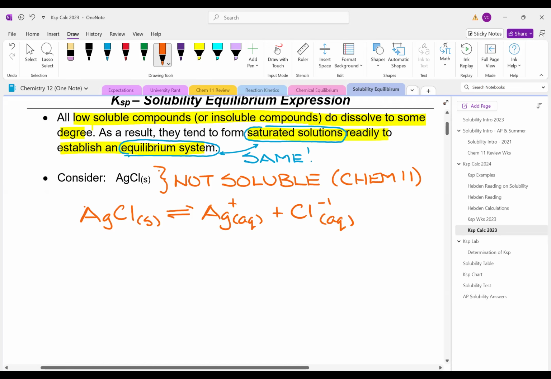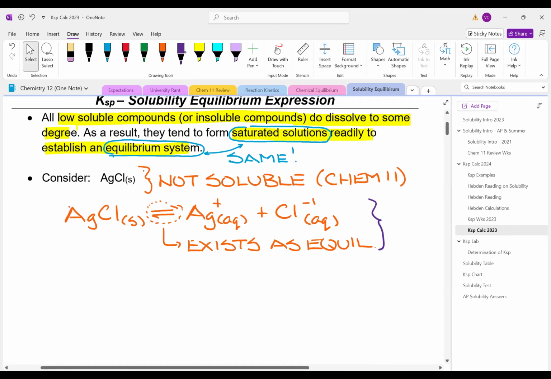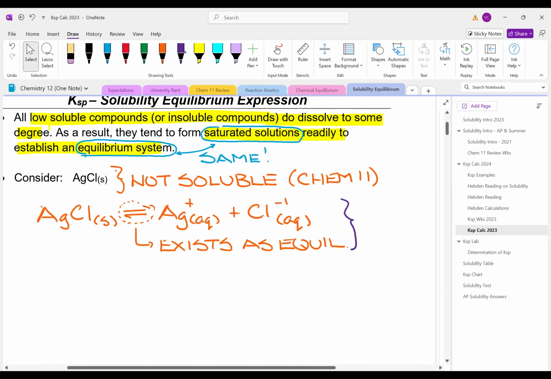So it exists as an equilibrium. And this is actually what we're going to be talking about here in Chem 12.